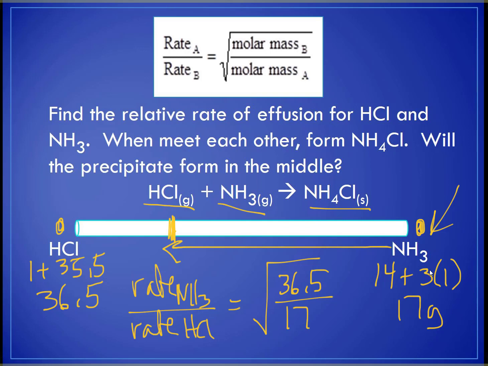When I get the square root, I get for my answer 1.5 times faster. So we see that ammonia is 1.5 times faster than that HCl.